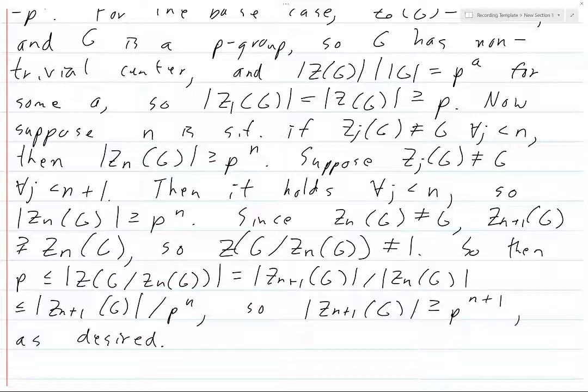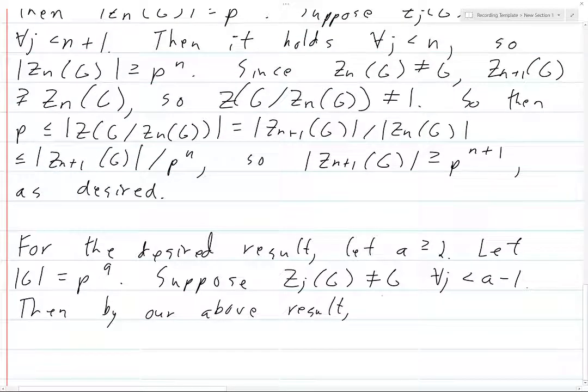And I'll come back to this because you might be curious about that. Then by our above result, the norm of Z_{a-1}(G) is greater than or equal to p^{a-1}.